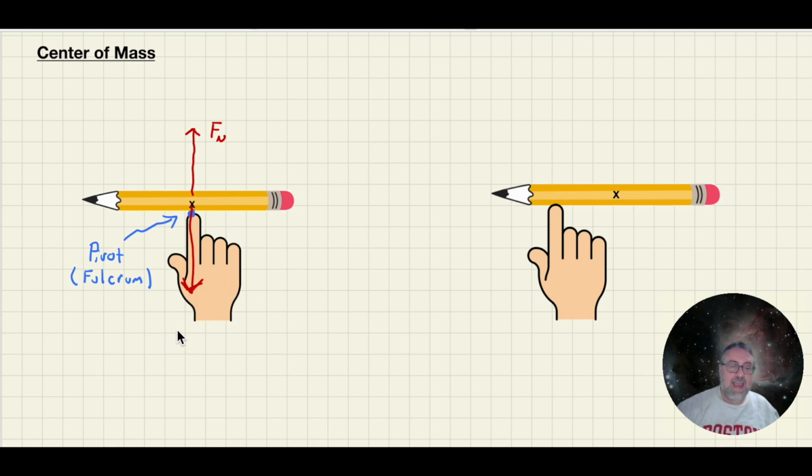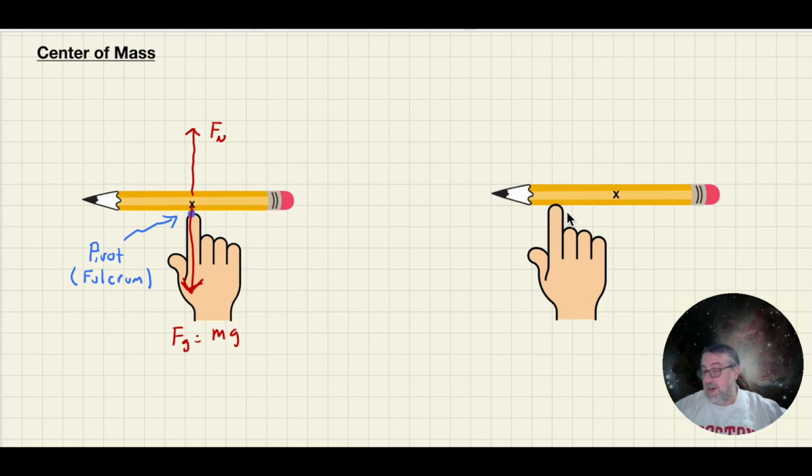And so I have the force of gravity, which would be equal to mg. So both the path of the normal force and the path of the weight pass through that pivot point. Because of that, there will be no rotation of the pencil. But now let's look at what happens when the center of mass and the forces are not applied at the pivot point.